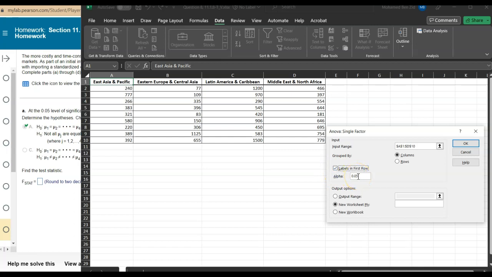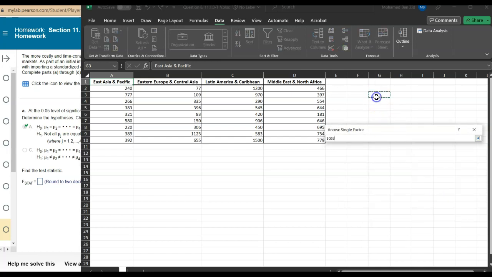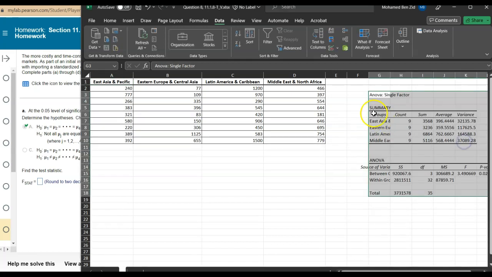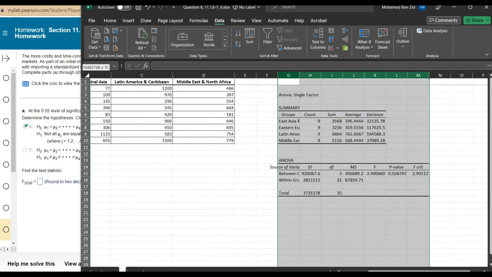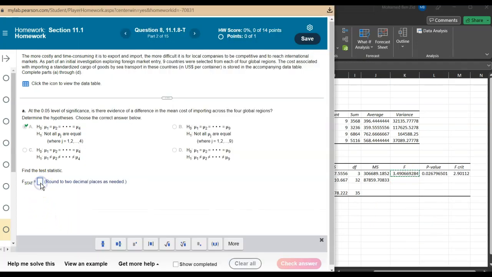The alpha, you change it if you need to; 0.05 is fine. The output we're going to put in the same spreadsheet, so we select a cell there, and that's all. Okay, we get the results, and the F statistic is this one, 3.49. Copy, paste it, and round to 2 decimal places, right?